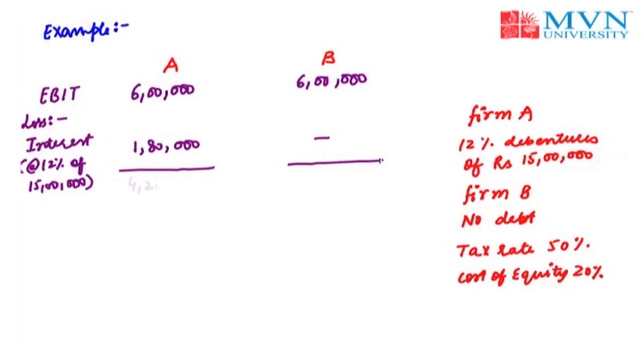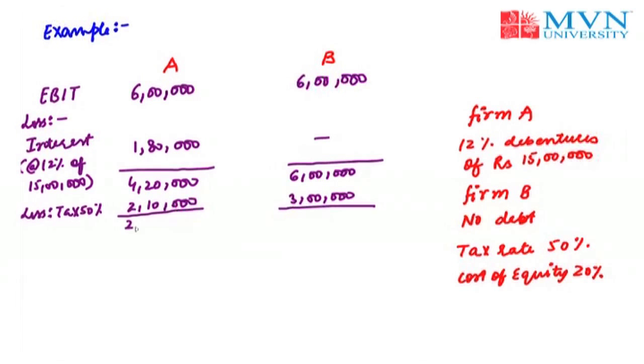Now we are left with 4,20,000 for the firm A and the same amount of 6 lakhs for the firm B. After that we need to deduct the taxes at the rate of 50% from the earnings left after paying the interest. So we are left with 2,10,000 for the firm A, that is earning after tax is 2,10,000 and the earnings after tax for the firm B is 3 lakhs. Now it's been given that the cost of equity is 20% for both of the firms.